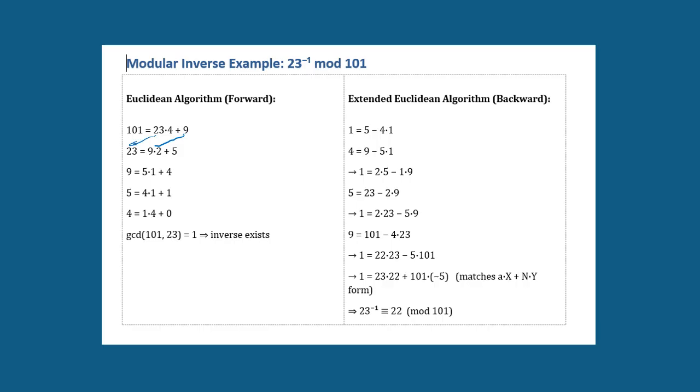So it's like a repetition, a recursion, easy to make into a computer program. But here we use the actual example. You divide, and the remainder is 5. Then you do the same, 5 divided into 9, remainder 4, and so on. And once you get to remainder 0, you're done with the GCD. So the GCD is 1, which means the inverse exists.